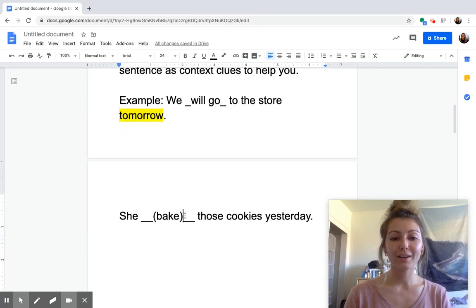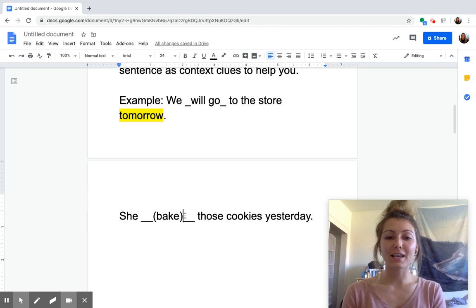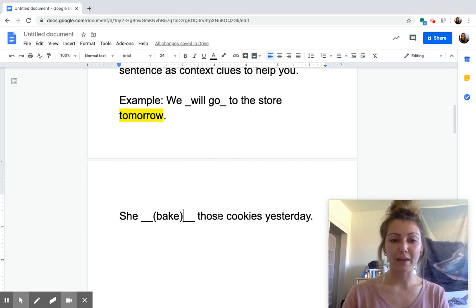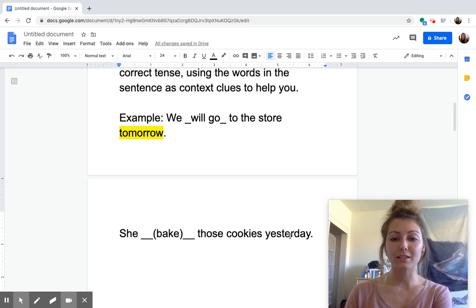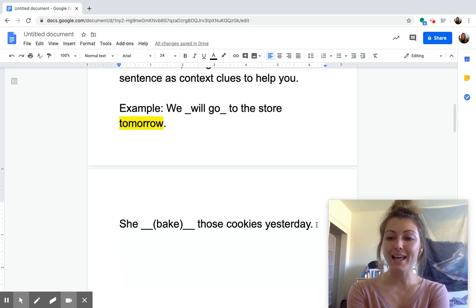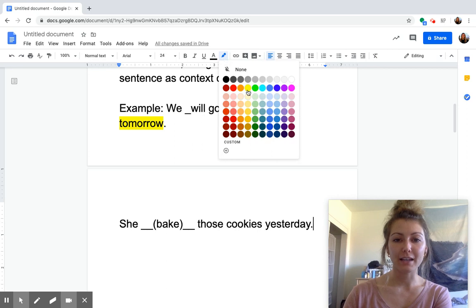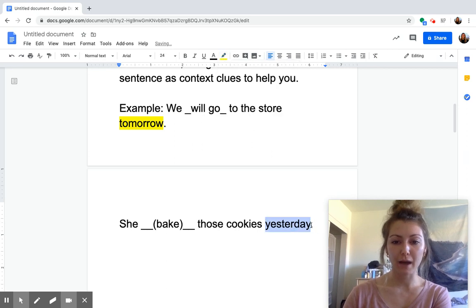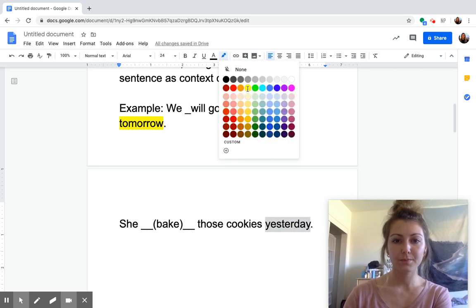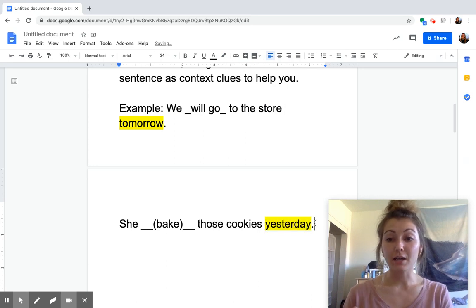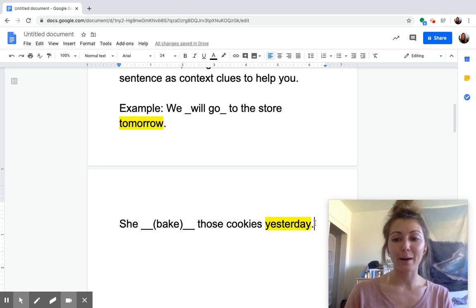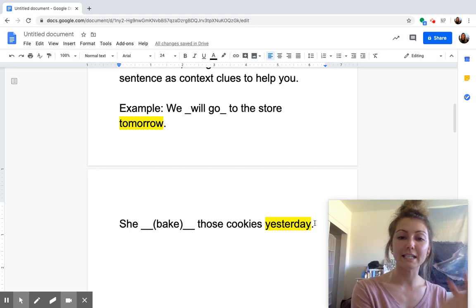Here's our next sentence. It says, she baked those cookies yesterday. What do you think is the context clue in this sentence? What is that key word that helps you identify what tense the verb should be written in? If you said yesterday, you are correct. Yesterday tells me that this already happened. The cookies were baked yesterday.